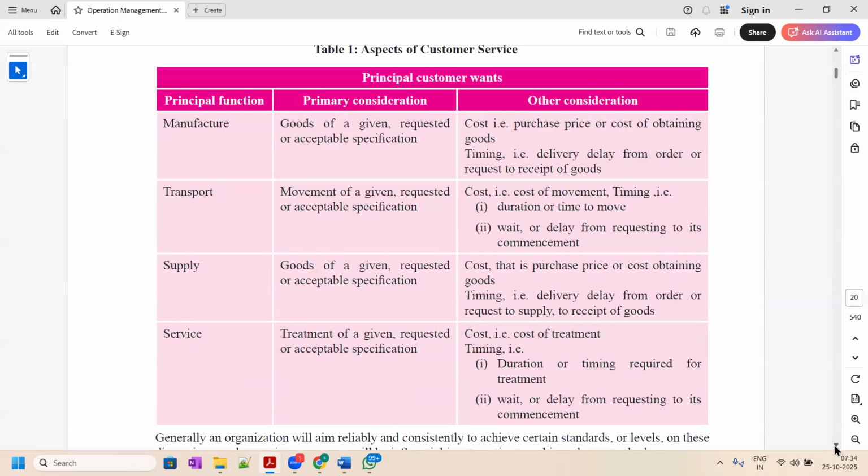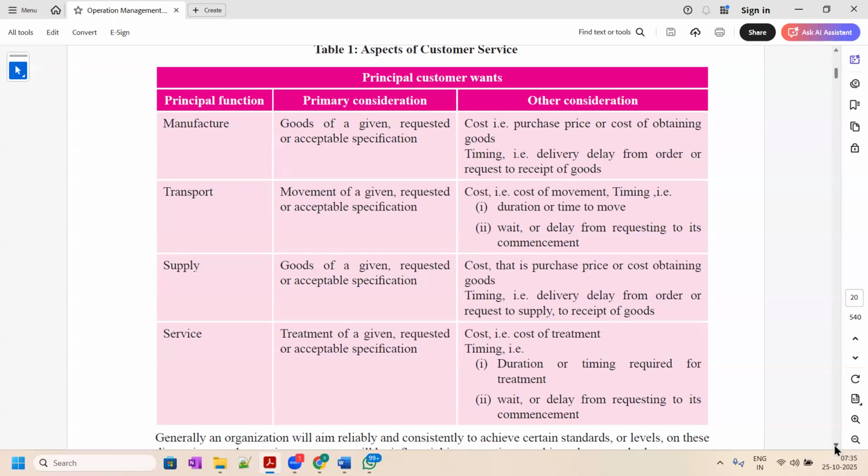The main focus of product manufacturing is that the customer wants goods that meet a certain required or acceptable standard. The other factors in manufacturing are costing, which is the price of the good or the cost of making it, and timing, which is how long it will take to deliver after the order is placed.